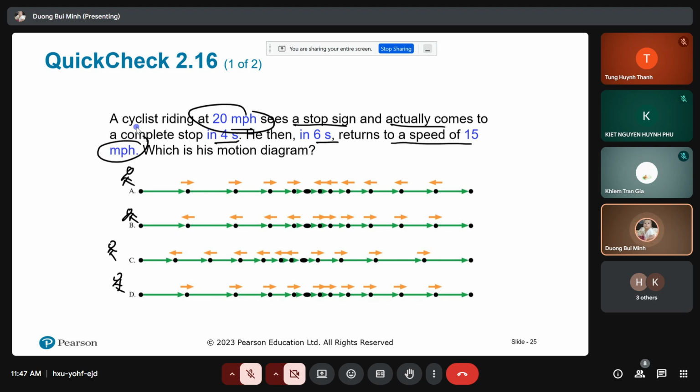Where is the stop sign? Here is the stop sign, right? So we can choose this one as the time.